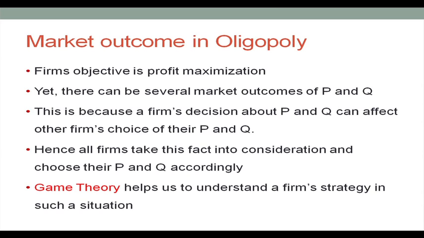Now, going again to explain what we mean by each of these points in this slide, as I already said, in the other kinds of market structures, there is a profit maximization rule of equating marginal revenue to marginal cost, and you get a combination of P and Q, whether it is perfect competition, monopoly, or monopolistic competition.